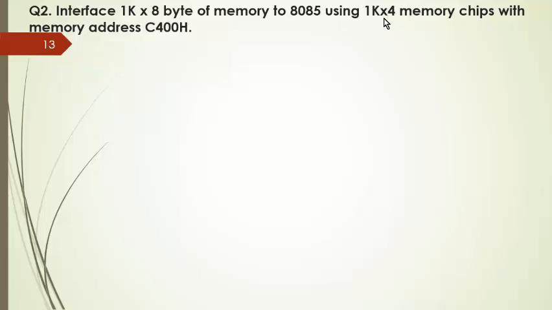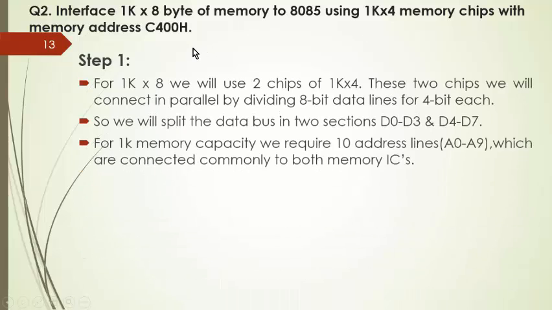But here they are telling us to use 1K by 4 ICs, that is, to get 1K by 8 memory capacity you have to use 1K by 4 memory ICs.